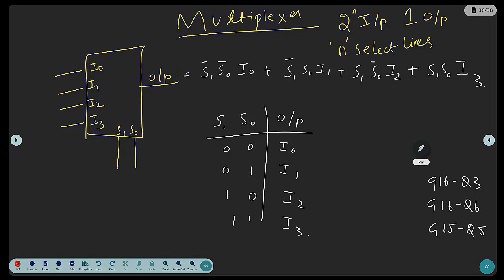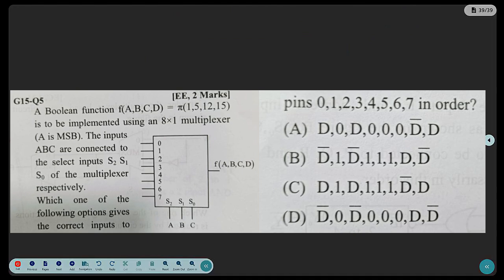G15. How about this? Okay. What is the question, sir? Okay. So what is it they have said? They have given you the truth table, no?